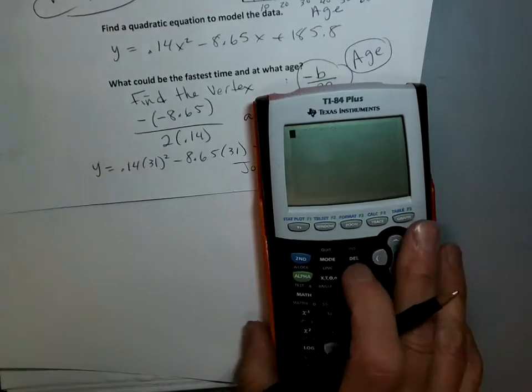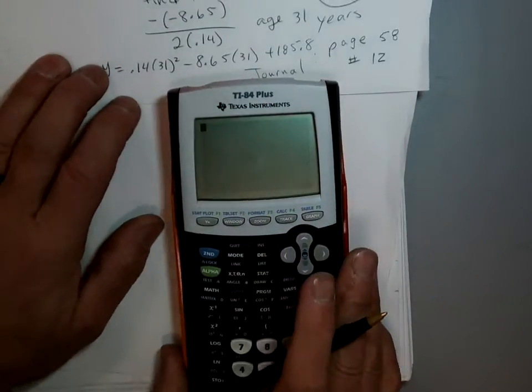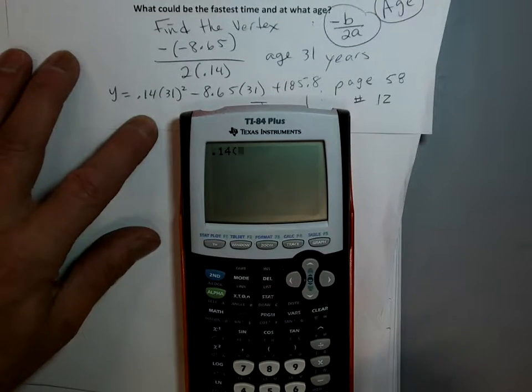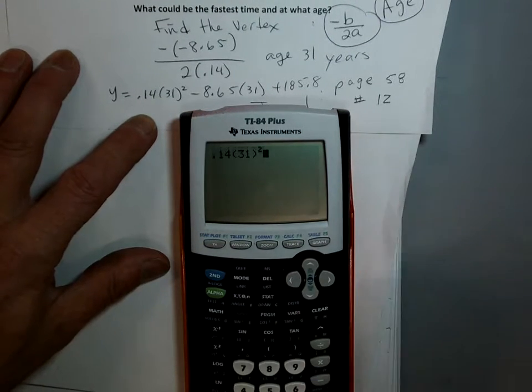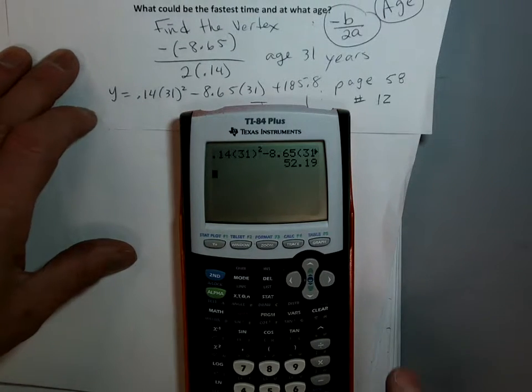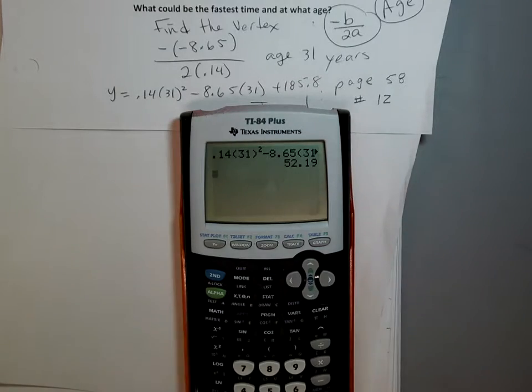So I'll just let my calculator do the work. You guys agree? I'm just going to go 0.14 parentheses 31 squared minus 8.65 times 31 plus 185.8. Hit enter. And about a 52.2. There you go, Jace.